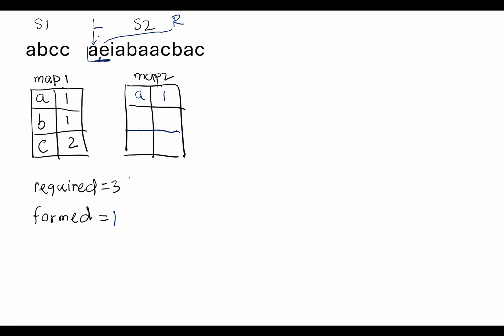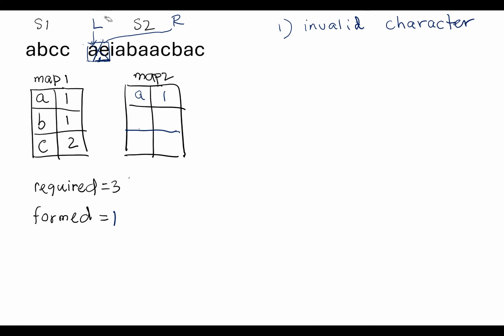So whatever you have done, just discard this whole window and start over again. So this is the first condition of an invalid window: an invalid character.